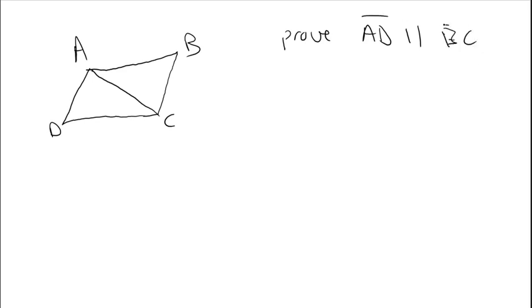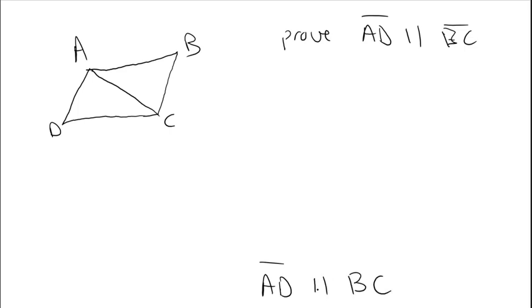let's say we had this picture, and let's say we're trying to prove that segment AD is parallel to segment BC. So let's say this is what you're trying to prove. We know that's going to have to be our last statement in the proof, right? AD is parallel to BC.